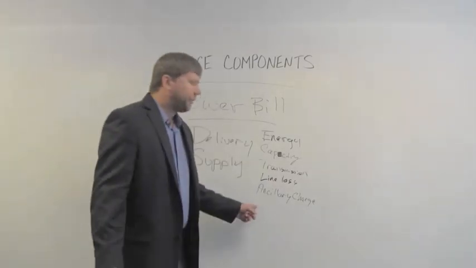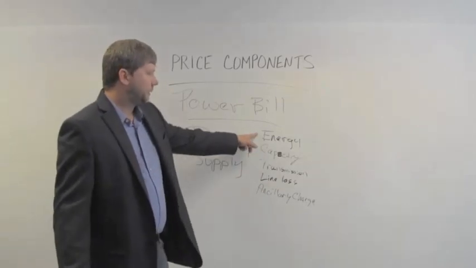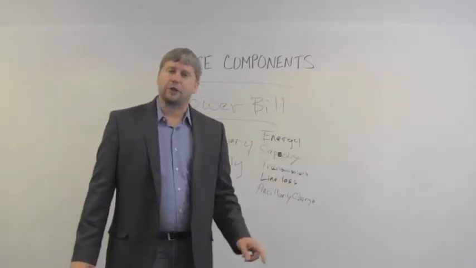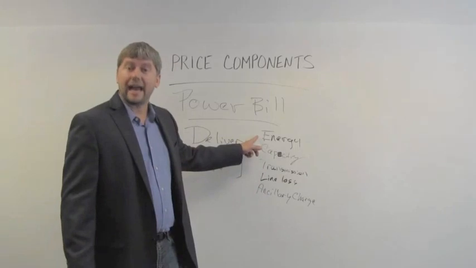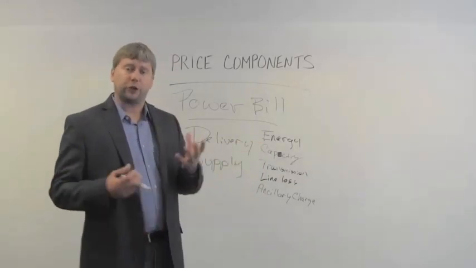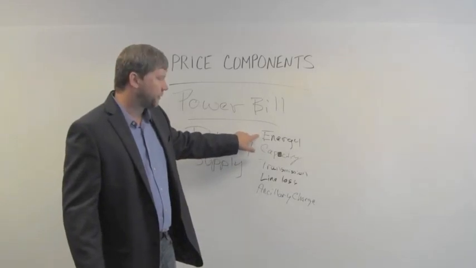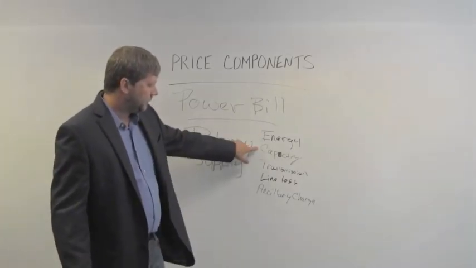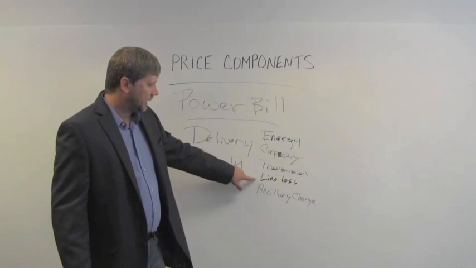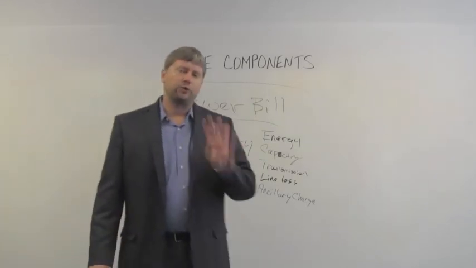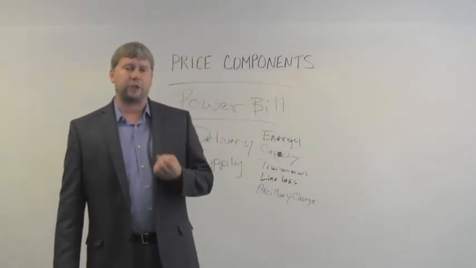Now, with these charges, obviously the actual cost of energy fluctuates. That's why people look to hedge their energy. In other words, secure a fixed price so that there's no volatility or fluctuation for this component. Capacity, transmission, line loss, and ancillary charge, those 4 components are all tariff charges.